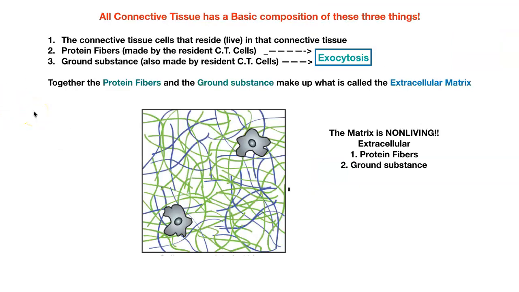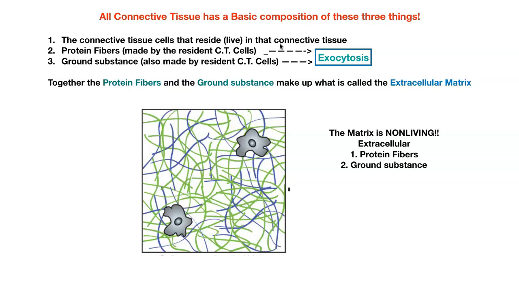But despite connective tissue being so variable from blood to bone, what do they all have in common? This you have got to know. All connective tissue has these three things. 1, there are connective tissue cells that actually live in that connective tissue.